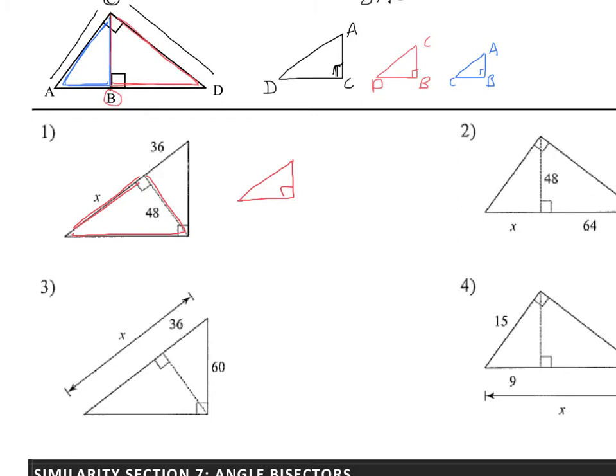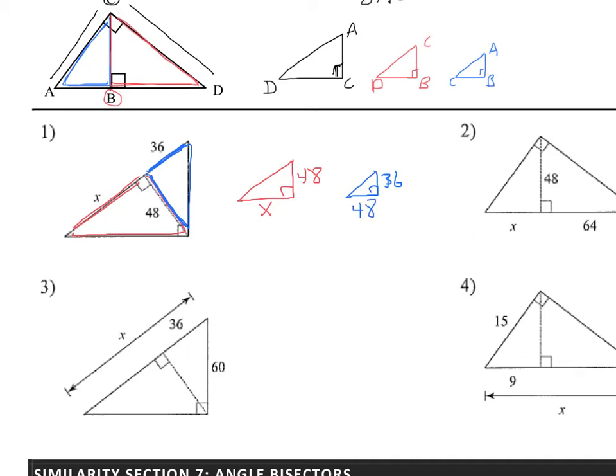The X is the longer leg, so that's here, and 48 is the shorter leg. I have 36, which is this piece right there, which is a part of the smaller triangle. So the smaller triangle has a short leg of 36. Now if you look at this, the longer leg, this is 48 also.